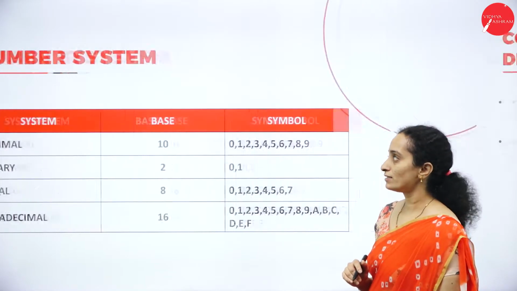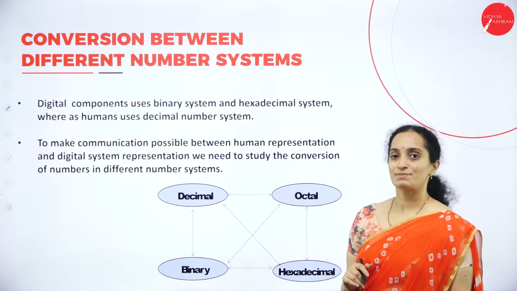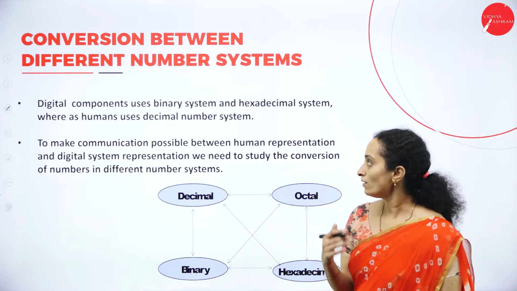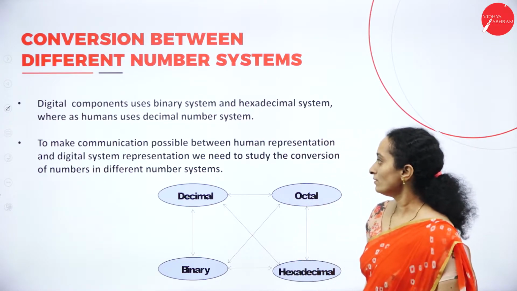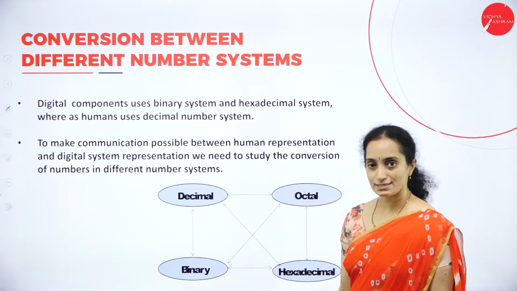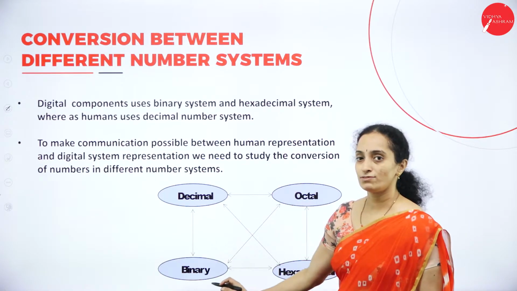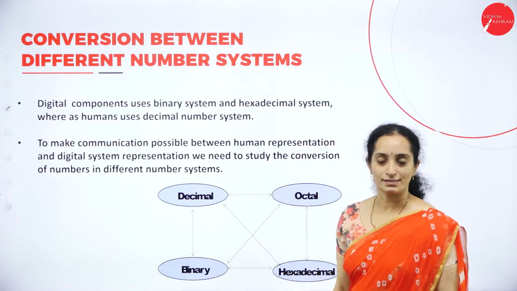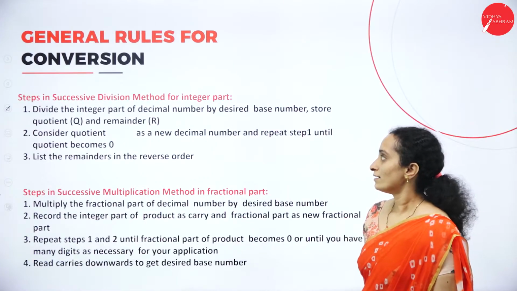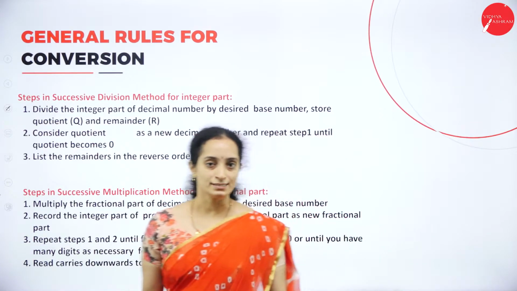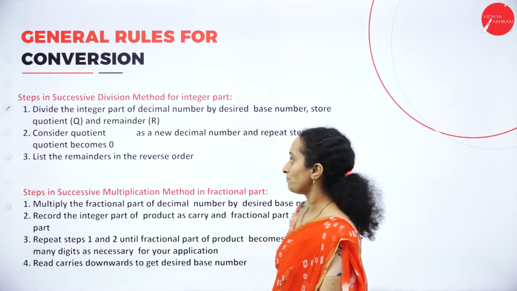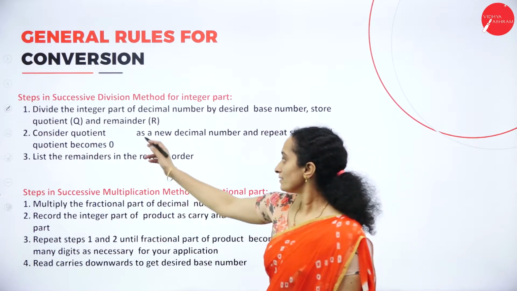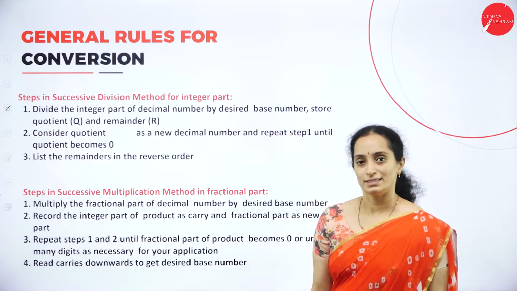Once we know about the number system, next is to know how to convert a number from one system to another. Okay, so we have different number systems. You can convert any number in any system to any other system. How do you convert? If it is the integer part, we follow successive division.